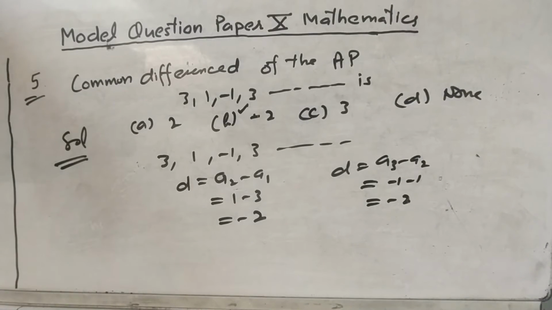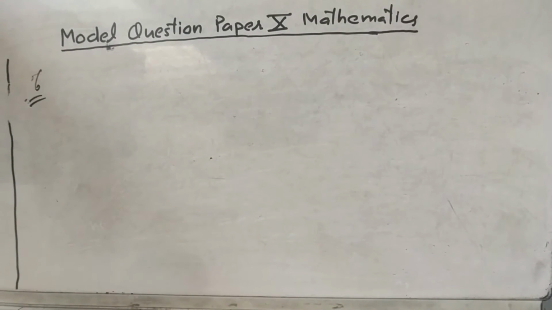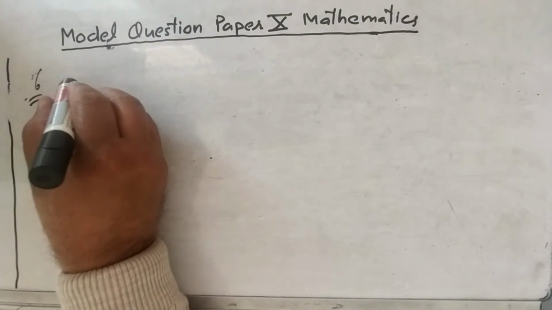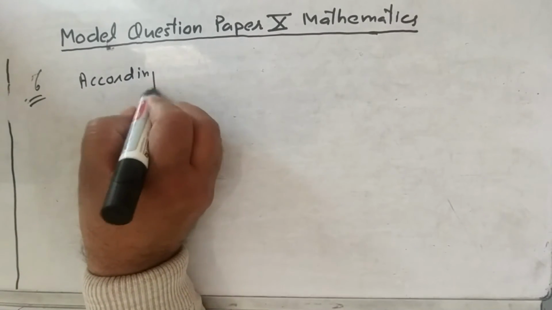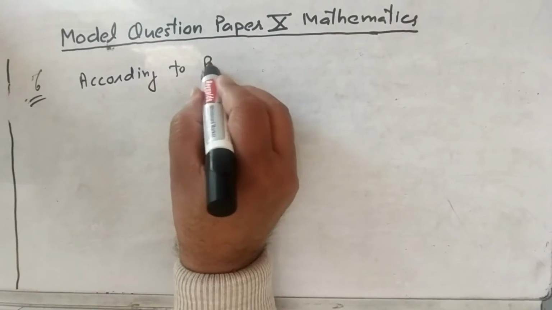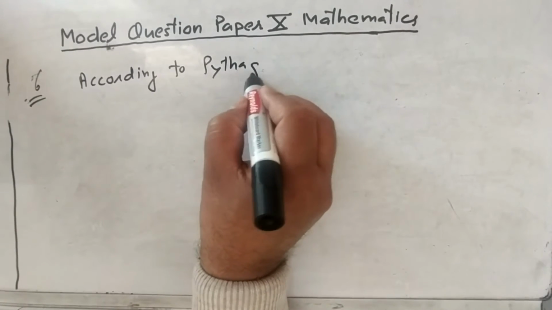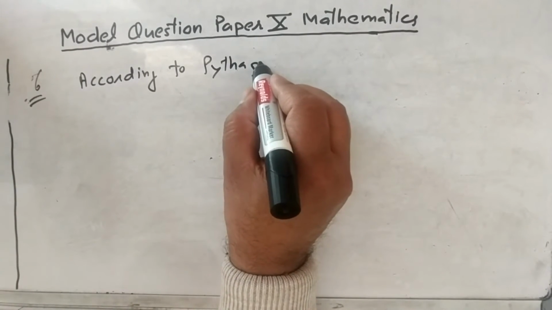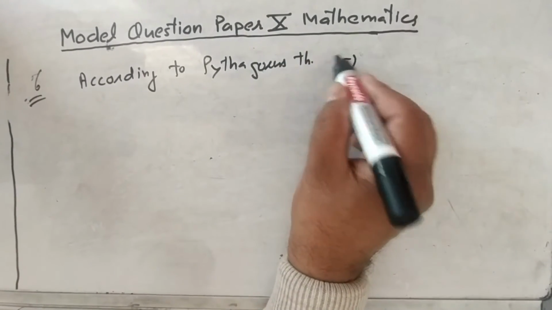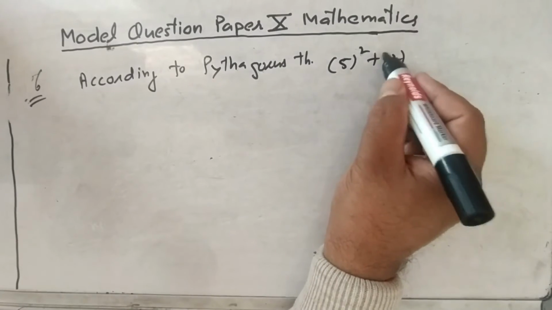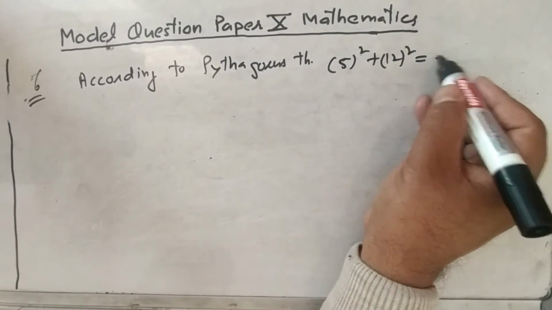I'm coming to your question number 6 here. In question number 6, he is asking you according to Pythagoras theorem, you have here 5 square plus 12 square equals dash.